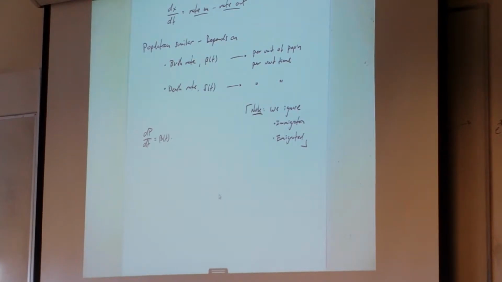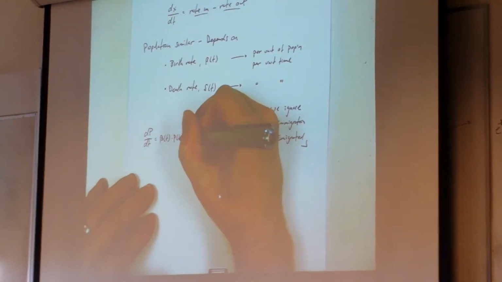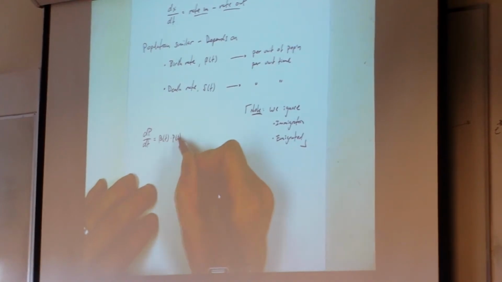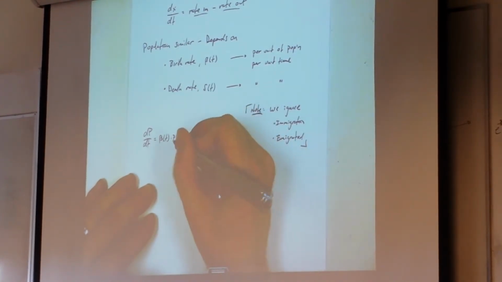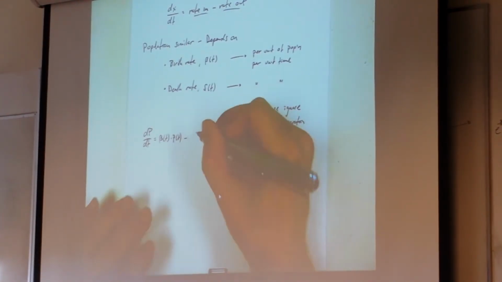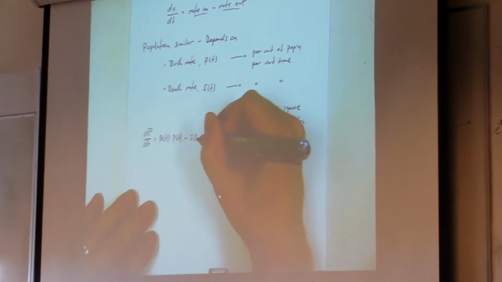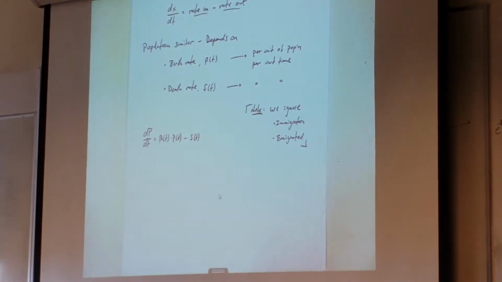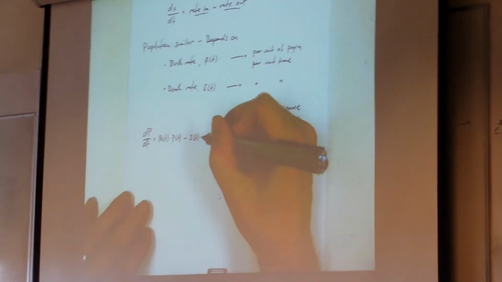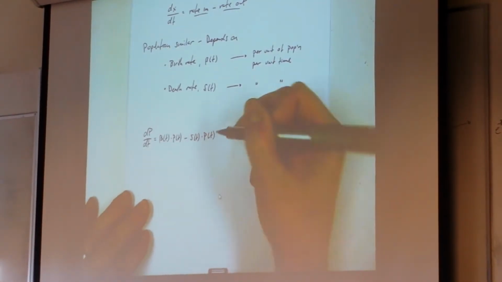A birth rate means nothing by itself. It's per person per unit time. But I need to know how big the population is to know how many people are being born. So birth rate times the size of the population, that's the rate in, and the rate out is the death rate, per person per unit time, times the population. Okay?